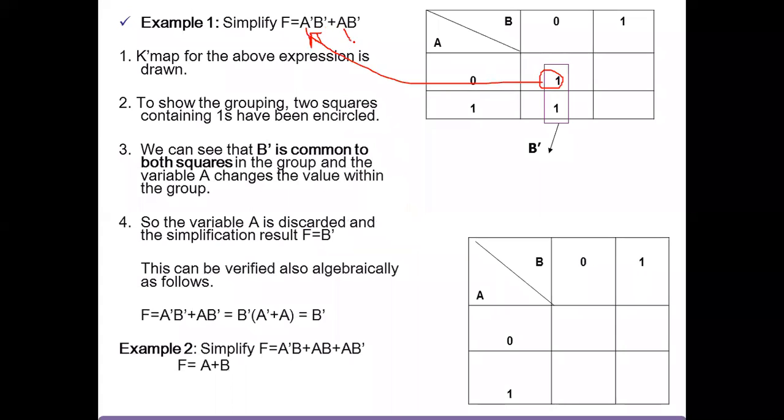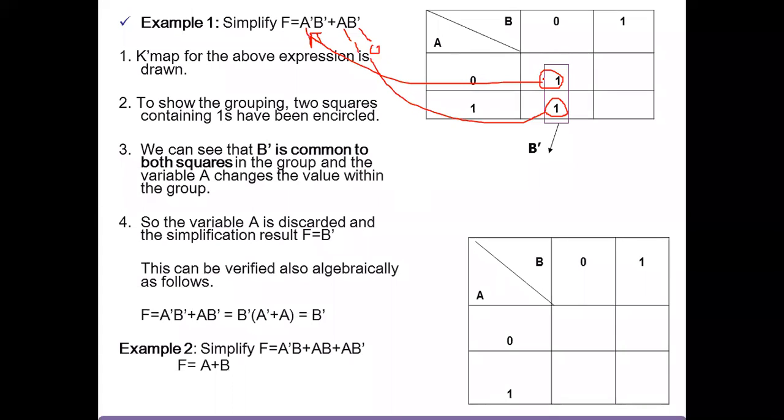And when A is 1 and B is 0 also, you put 1. Likewise you can fill out the boxes, and you have to make groups of 2s, 4s, 8s likewise.